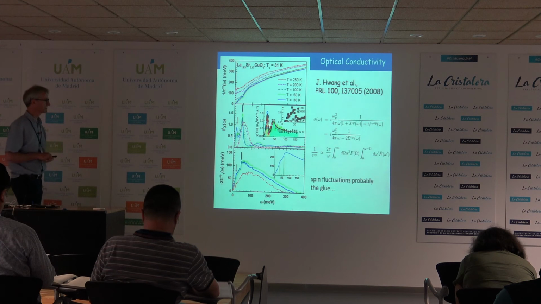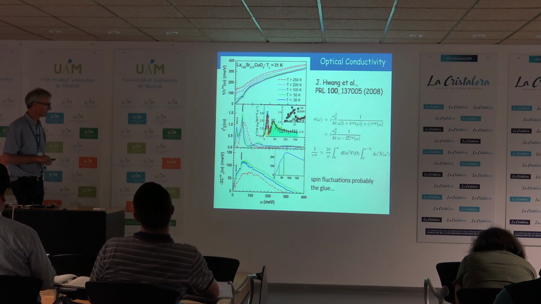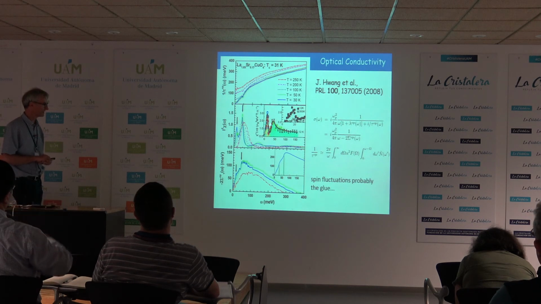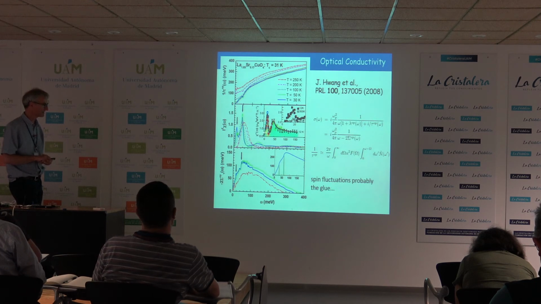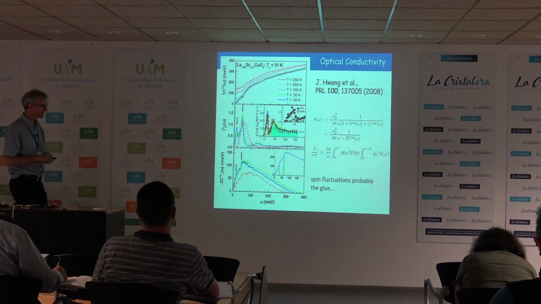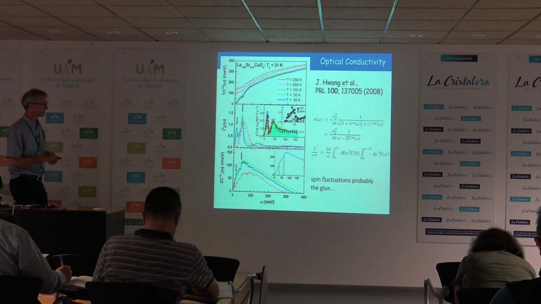What they've done here is to measure the optical conductivity, and they can use that to extract the coupling to electronic excitations, and they see the same two peaks that we see in our excitation spectra here. So here, this is optimally doped LSCO, and we've integrated up all the excitations in Q and plotted as a function of energy, and you can see these two peaks correspond. So this seems to be evidence that these excitations are coupled to the electrons.